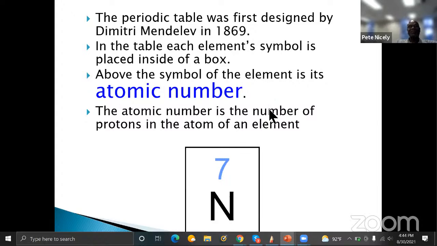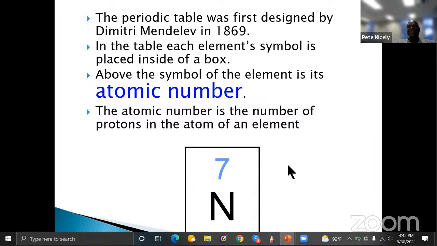And what's the atomic number? The atomic number is the number of protons in an atom of the particular element. So for example, in the case of nitrogen, the atomic number is 7. What that means is that in every atom of nitrogen, there are 7 protons, all right? That's basically what you'll find in most legitimate periodic tables. You find the symbol of the element and the atomic number.